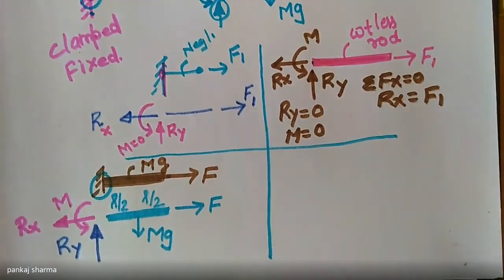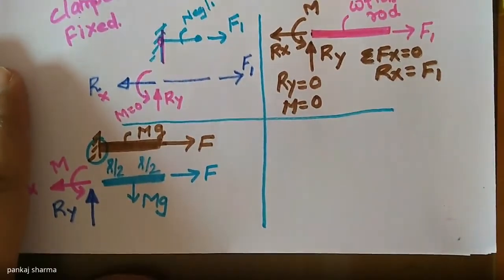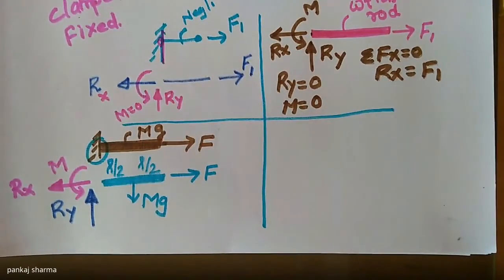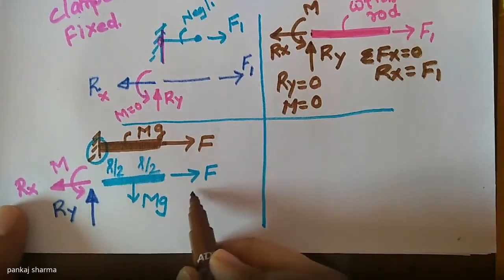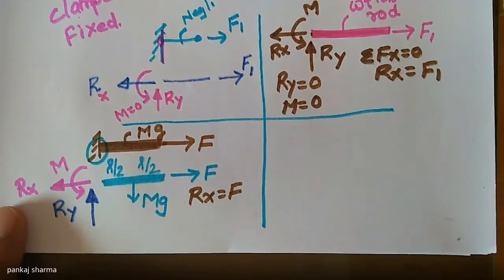So in this problem, I have to check sigma Fx is equal to 0. Sigma Fx equal to 0 gives Rx equal to F. Now sigma Fy is equal to 0.